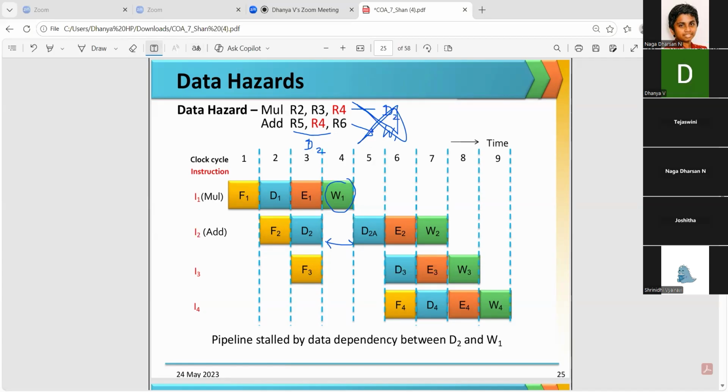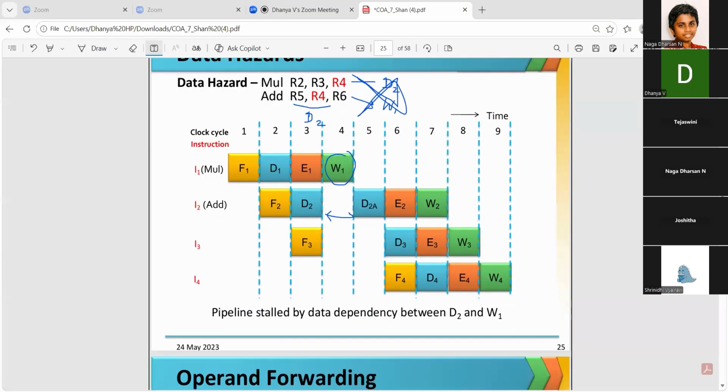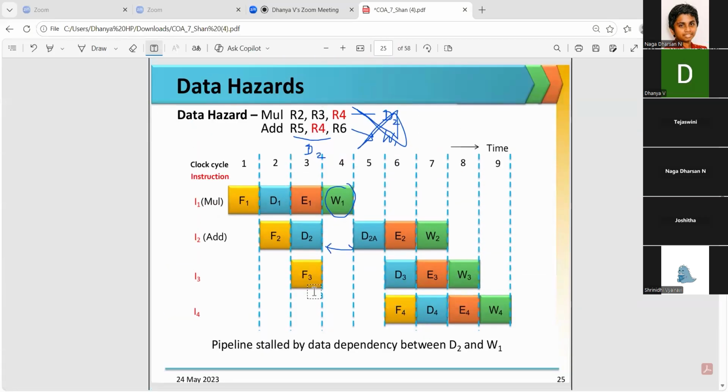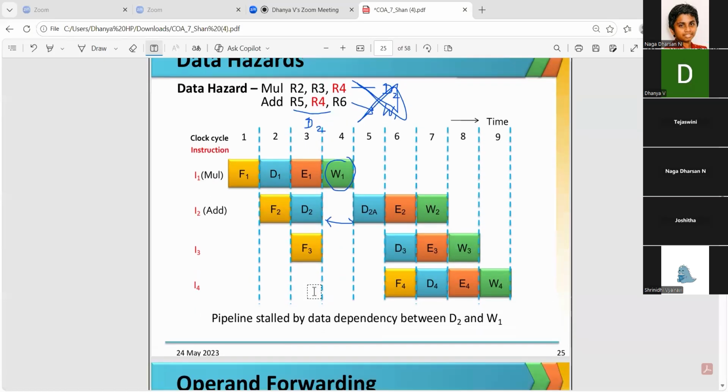There are three types of hazards under data hazards: RAW hazard, WAR hazard, and WAW hazard. RAW hazard is what we discussed now. WAR and WAW are not really common in pipelining; they are common in superscalar execution, so probably we'll deal with that later. I just wanted to tell that this is an example of a RAW hazard, which is read after write hazard.